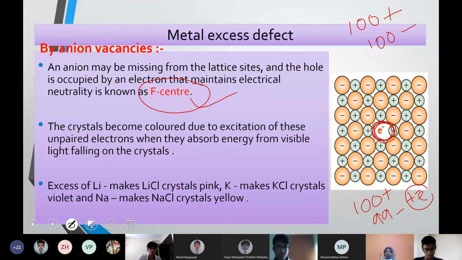Literally there is one particle less, but in order to maintain the electrical neutrality, one electron occupies the space of that vacant anion. So that vacant space where the electron is taken is called an F center. Why is the F center important?